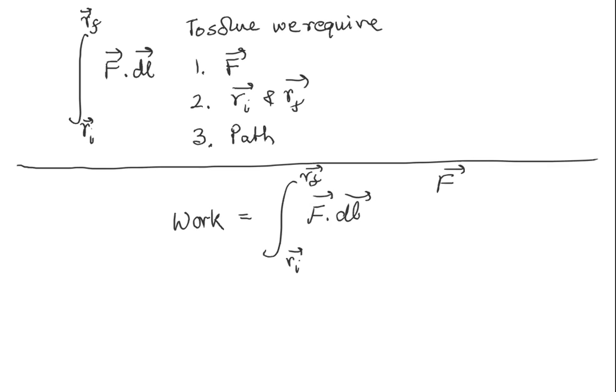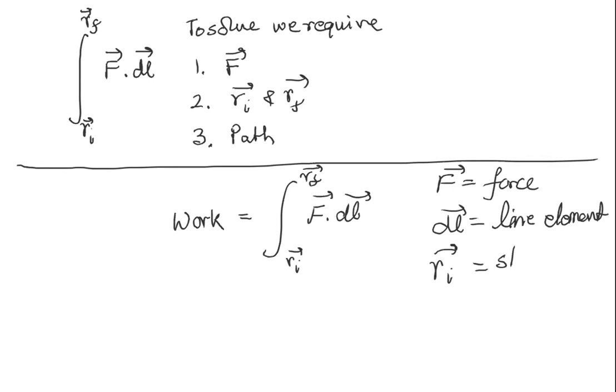So in this case, F is equal to force. dL is the line element or the small displacement that we have already seen. Ri is the starting point, and Rf is the end point.